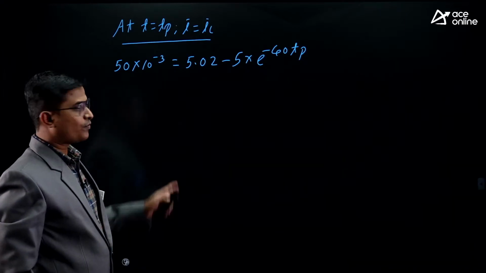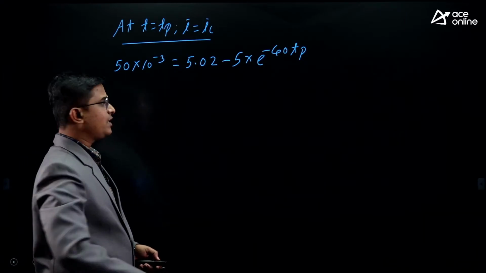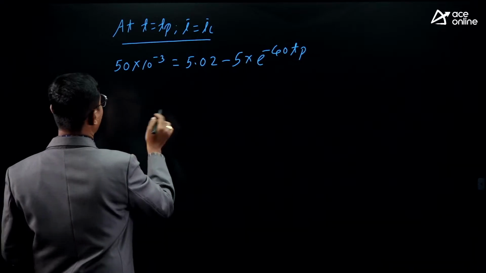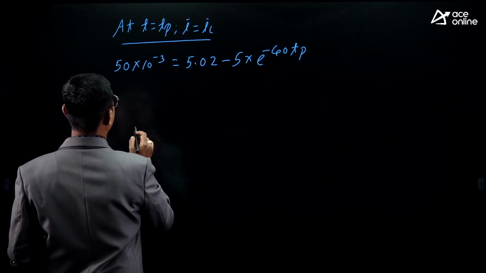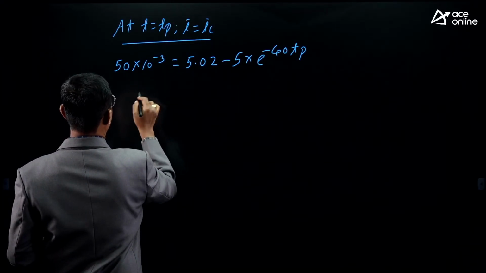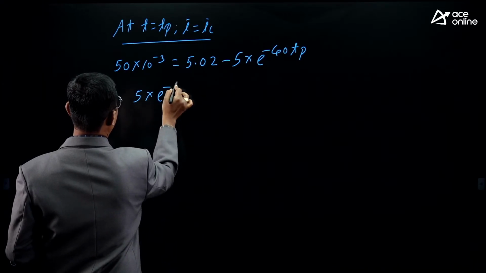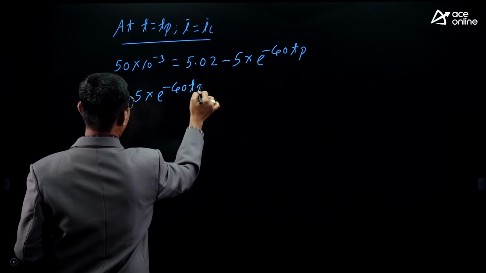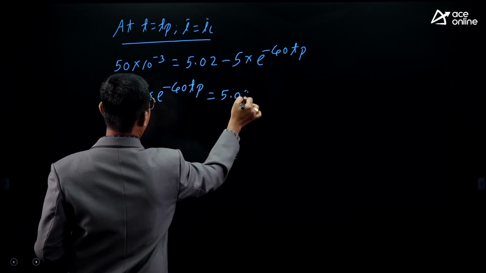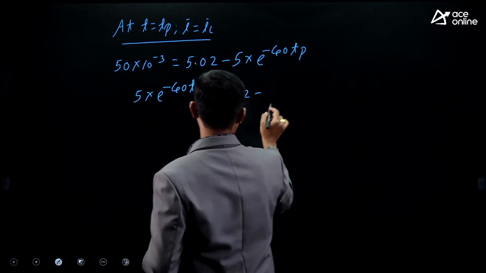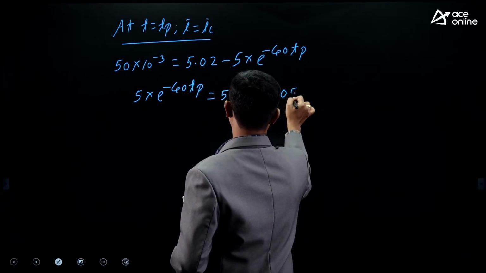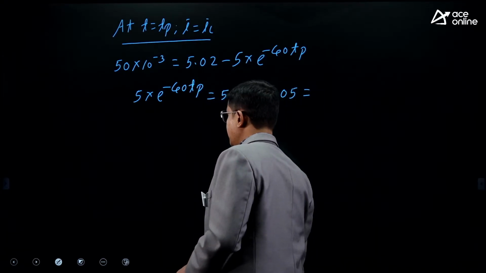Alright. So one equation, one unknown. From this we can find Tp. So therefore, 5 into e to the power minus 40 into Tp is equal to 5.02 minus 0.05. So we can simplify this.